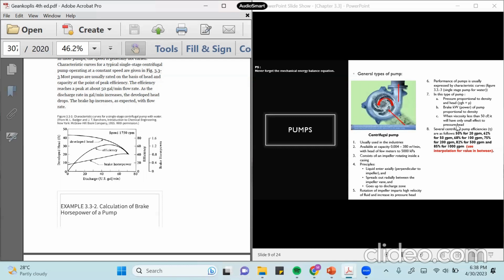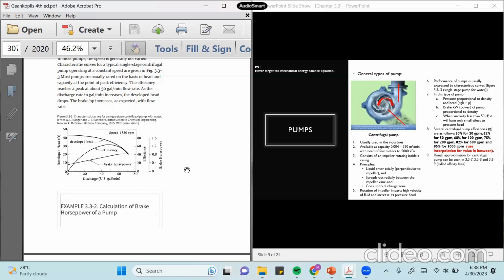But once it's higher than 50 centipoise, the viscosity will give a significant effect to the pressure head. This is the typical pump efficiencies for centrifugal pumps. Again, you may use interpolation for values in between.